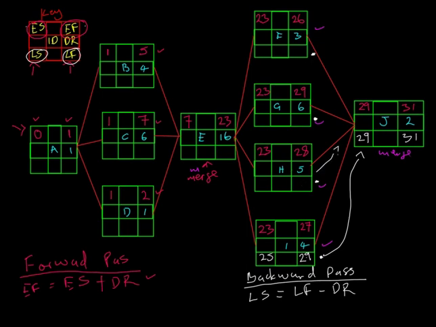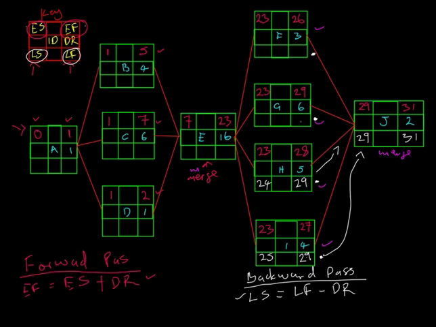It's J. What is the late start of J? It is 29. So therefore, we've got 29 over there, all right? And to calculate the late start there, remember, late start is equal to late finish minus the duration. So 29 minus 5, we get 24.